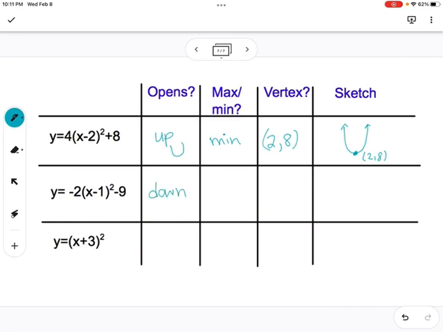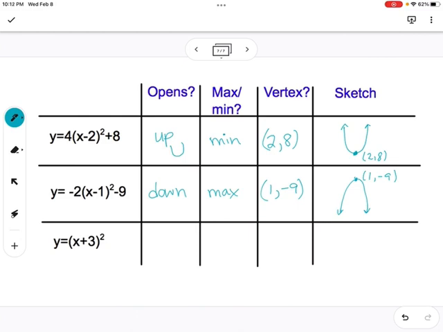When it opens down, we have a maximum. And our vertex, looking at our h, we have a minus 1 here. That makes our h 1. Our k is negative 9 on the end. Okay, making a sketch, we know our vertex will be at the point 1, negative 9, and it's opening down. It will look like so.